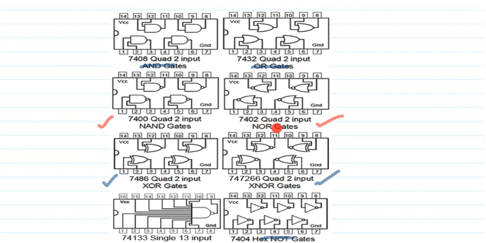Then 7404 is your NOT gate or inverting gate. Then 7408 is your AND gate. Then 7432 is your OR gate. Then for the XOR gate it is 7486. Then 74266 is your XNOR gate.